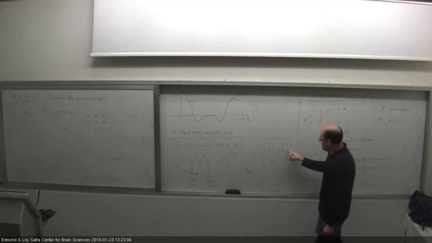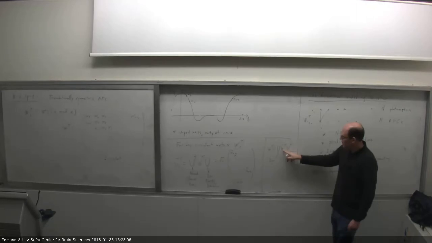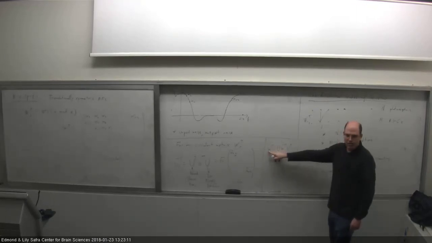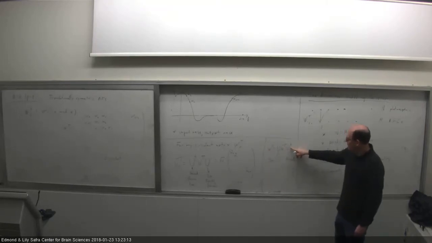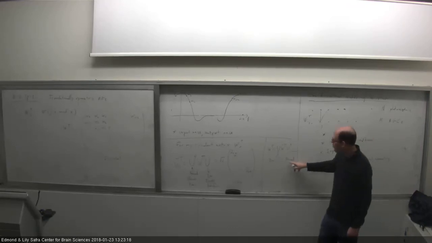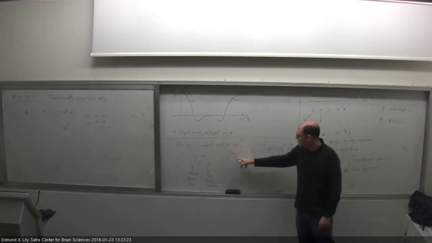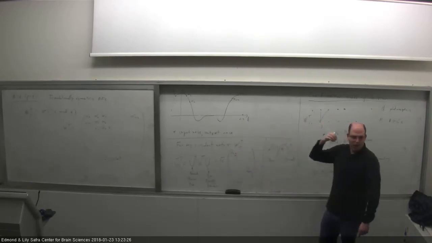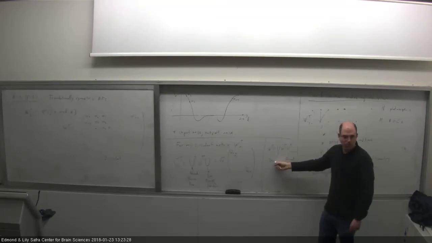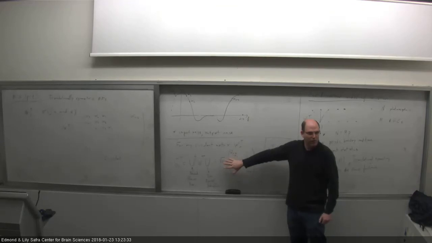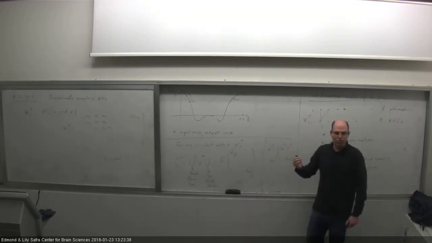So what does this equation tell me? It tells me that if I want to understand what the circulant matrix is doing to a vector, I can first decompose the vector into its Fourier components by applying the forward Fourier transform. Then each one of these components is simply multiplied by a constant. That's what this matrix is doing. And then I go back and do an inverse Fourier transform. So the statement that this matrix is diagonal is really like saying that a circulant matrix operates independently on each one of the Fourier components.